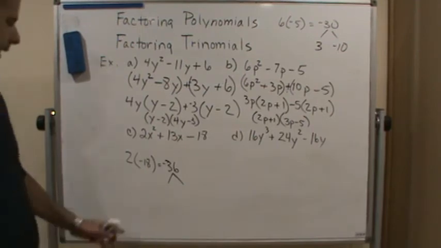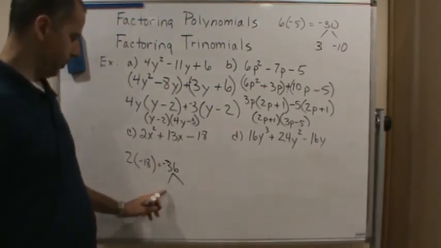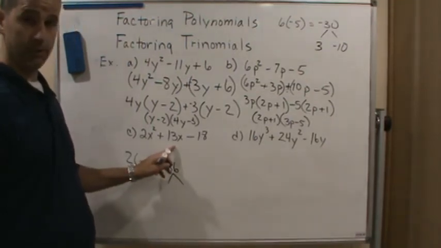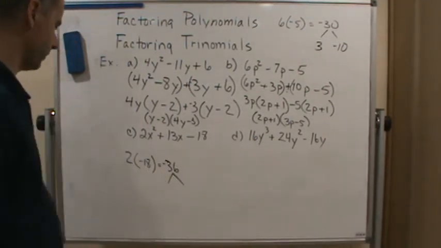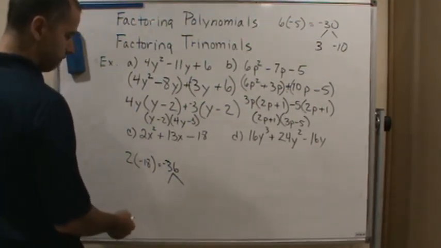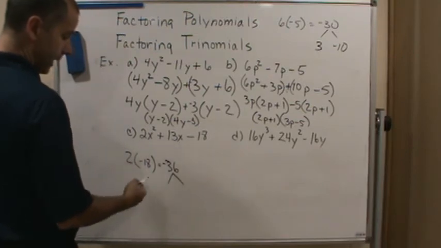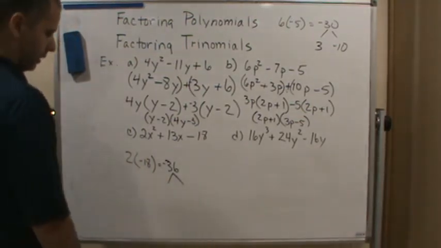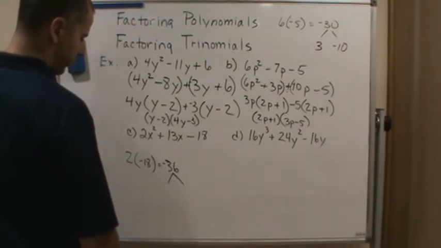Well, again, this is negative, so both of my factors have to have opposite signs, and the larger factor must be positive. So now, let's see what we get. Let's see, we got 3 times 12. Does 3 times 12 give it to us? No, I don't think so.